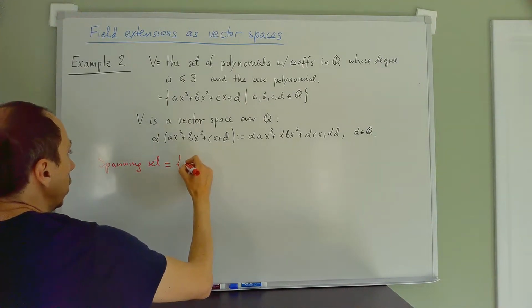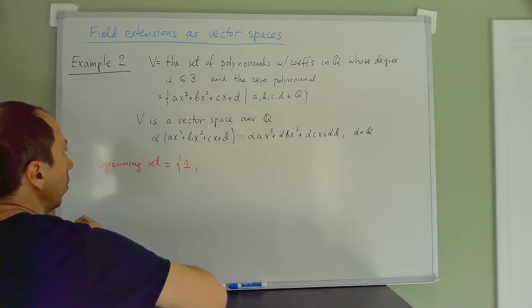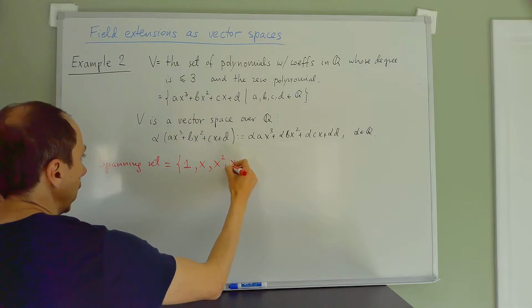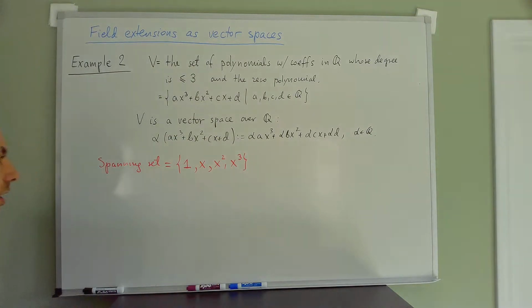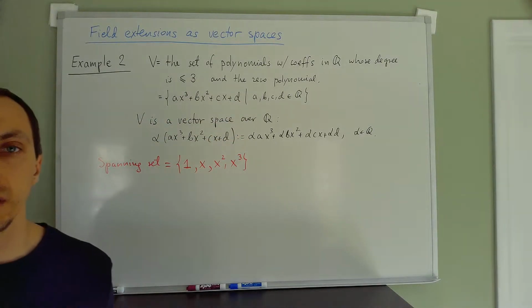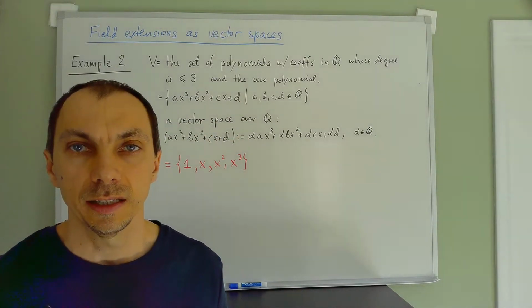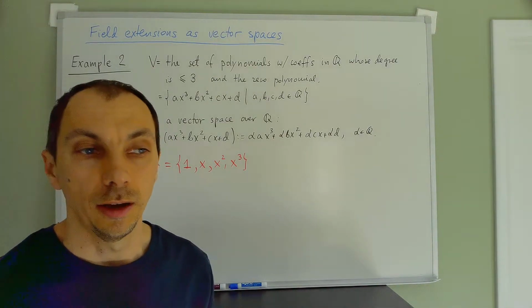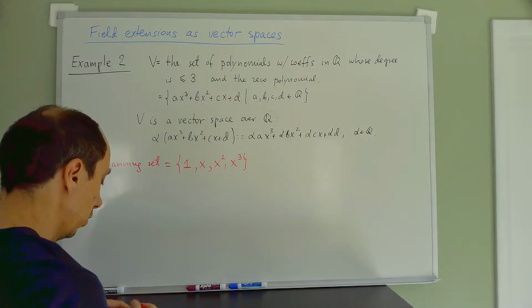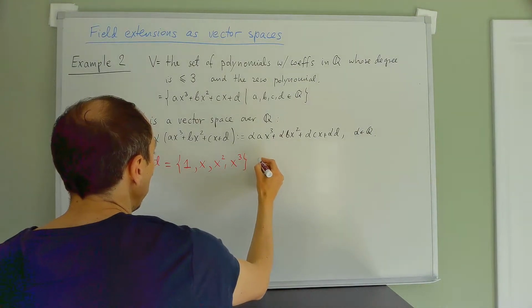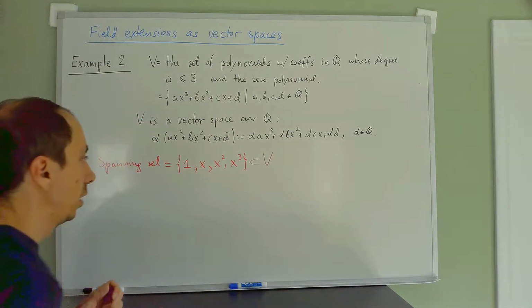I can take the constant polynomial 1, the polynomial x, the polynomial x squared, and the polynomial x cubed. And clearly, every polynomial of degree less than or equal to 3 can be written as a Q-linear combination of these monomials. So this is definitely contained inside V, and it is a spanning set.